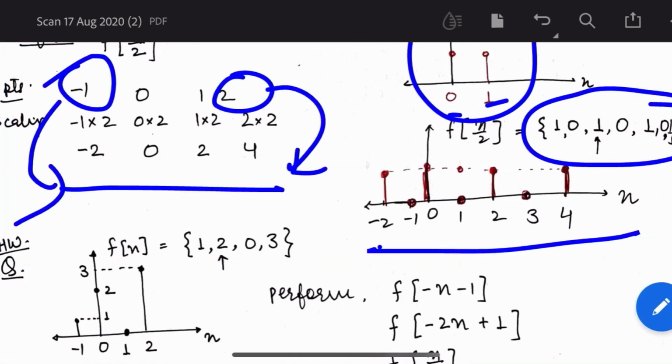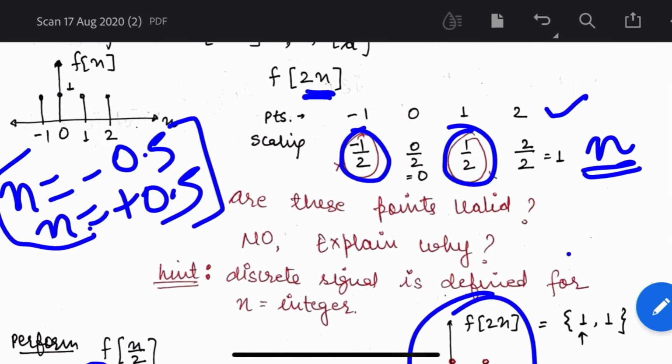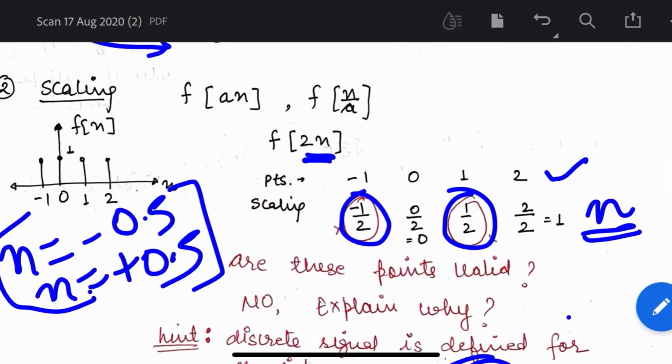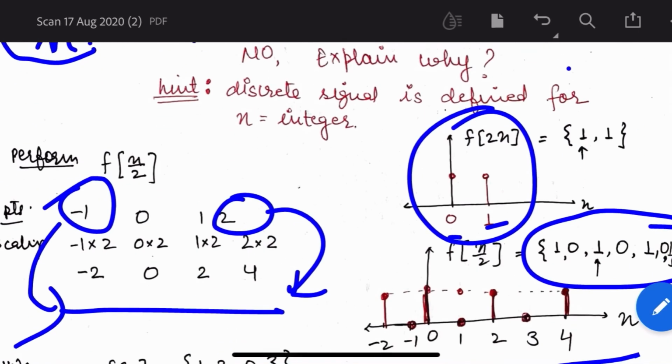You have 7 points whenever you are doing n/2. But when you are multiplying n by 2, your points have reduced.